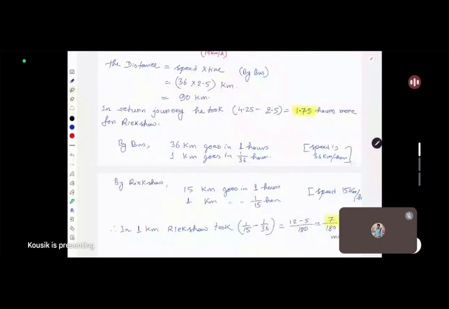So this is the time you take more for 1 kilometer.